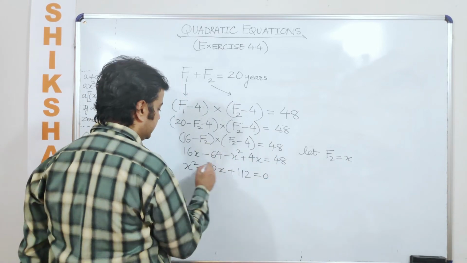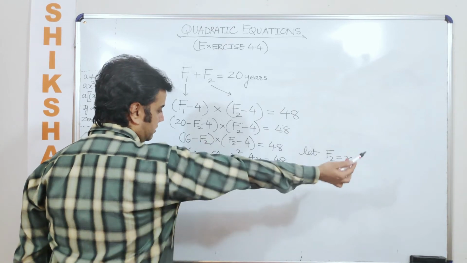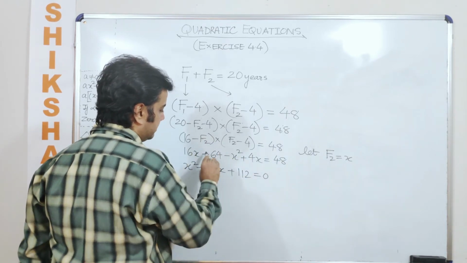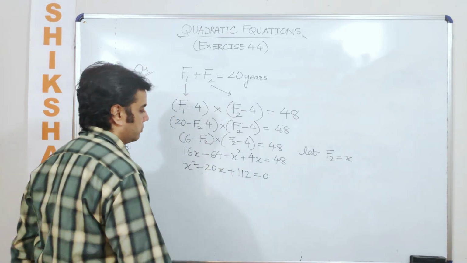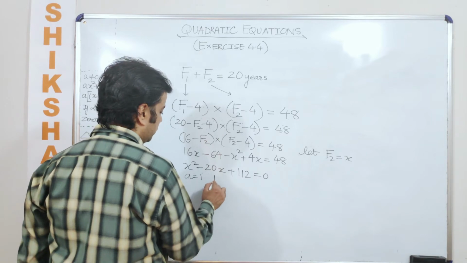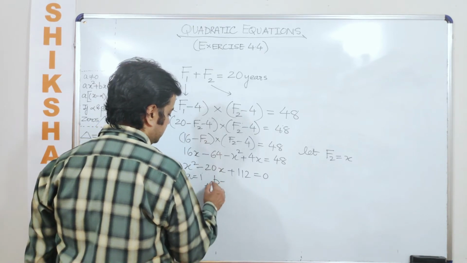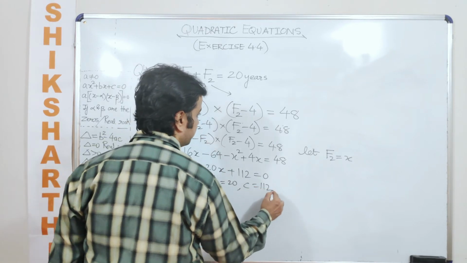So this goes on the other hand side, x square. So 16x plus 4x becomes 20x. On the other hand side, it becomes minus 20x, and minus 64, when it goes on the other hand side, it becomes plus 64. So in this case, now the value of A here is 1, the value of B here is minus 20, and the value of C here is 112.